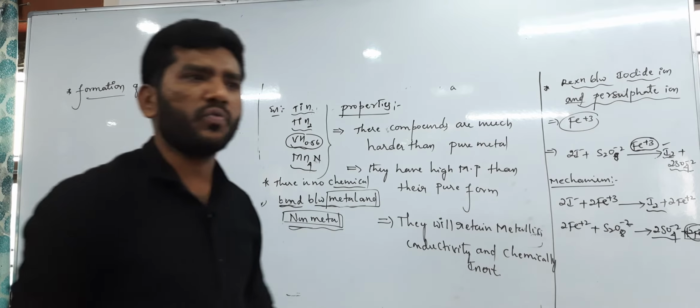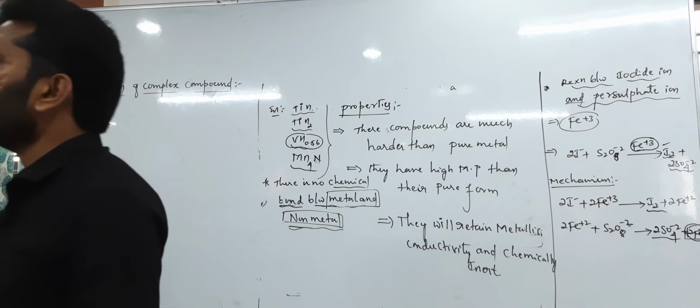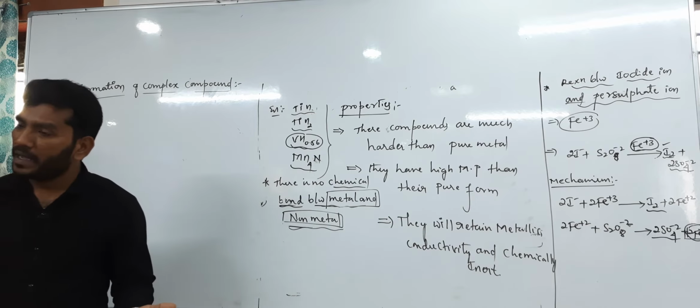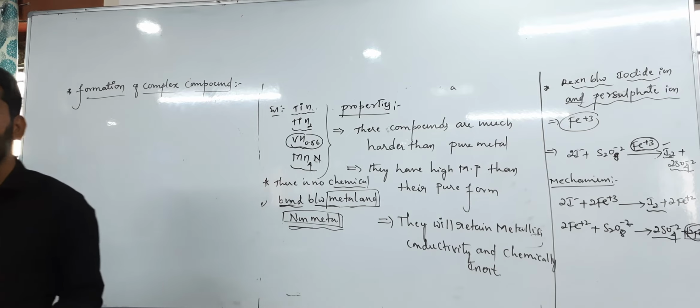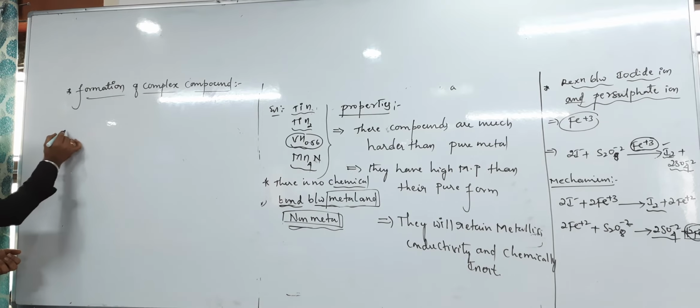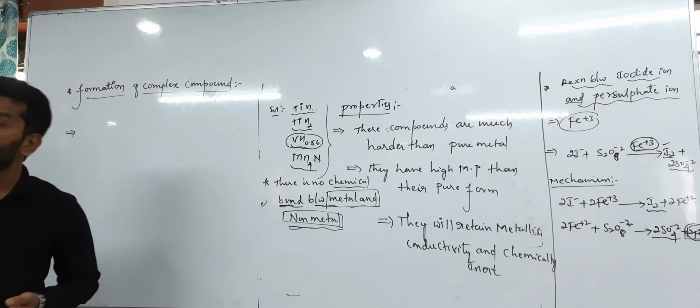Can you guess why transition elements, not all but most of the transition elements, form complex compounds? What are the main reasons? As usual, the presence of vacant d orbitals, that is the major thing. They also have small atomic as well as ionic size, and they have high ionic charges.